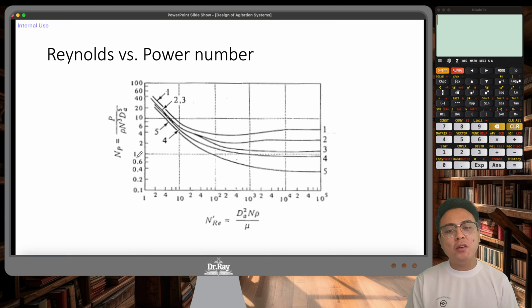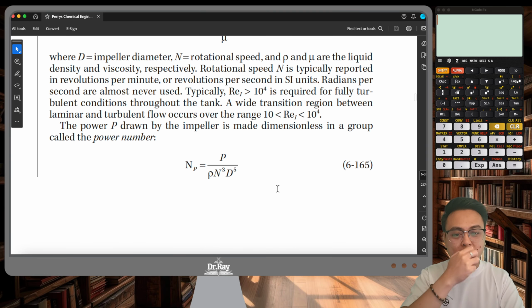But this is a very simplified approach for us to know that for a given Reynolds number and for a given impeller design and ratio, we can easily relate those two parameters and get the power number. And once you know the power number, it's easy for us to calculate the power required for agitation. This is from another textbook, but in the handbook, we have a clearer version of that.